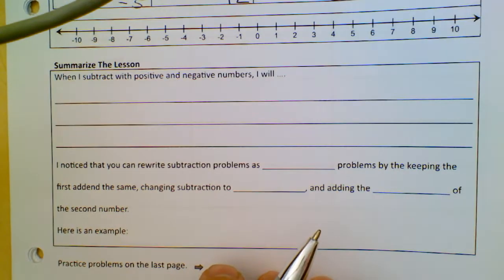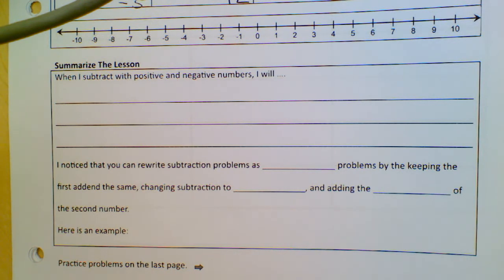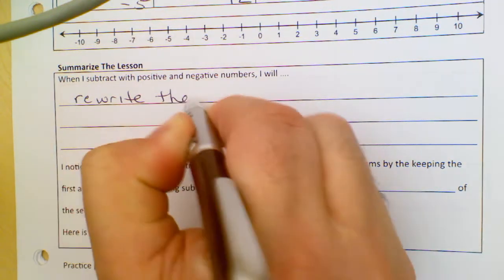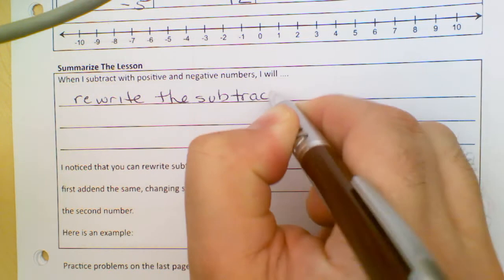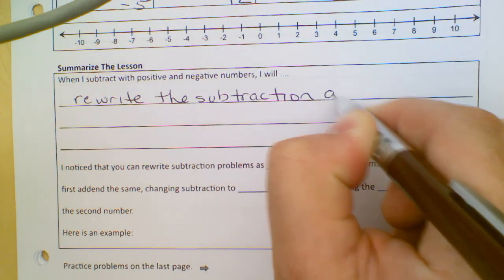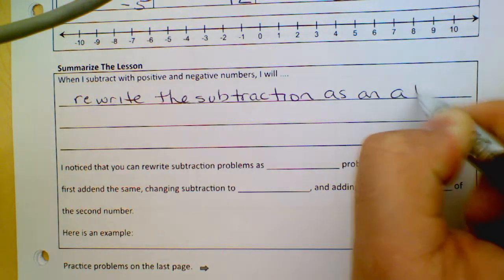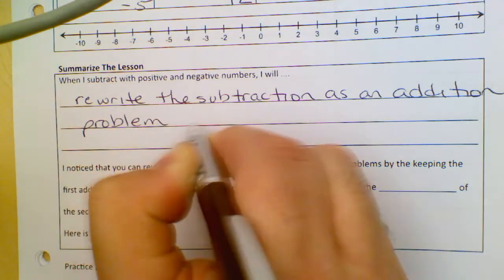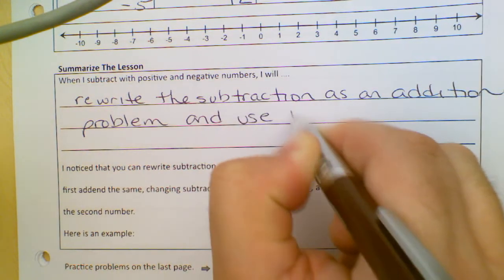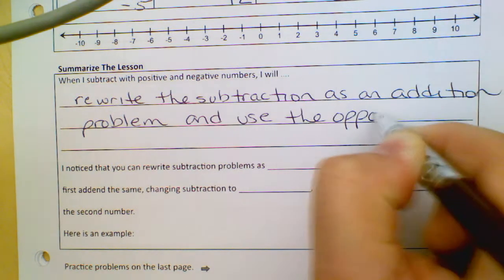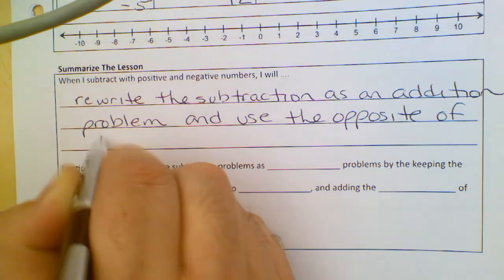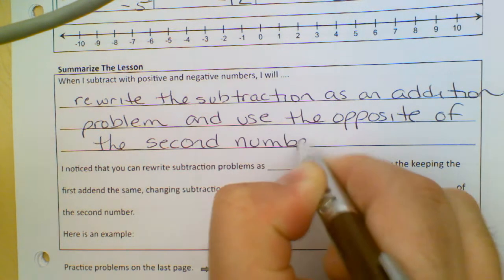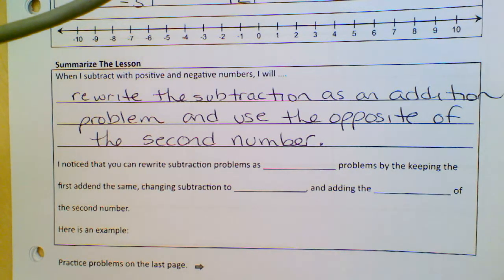And so if we try to summarize this, when I subtract with positive and negative numbers, I will rewrite the subtraction problem as an addition problem, and then I'll use the opposite of the second number.